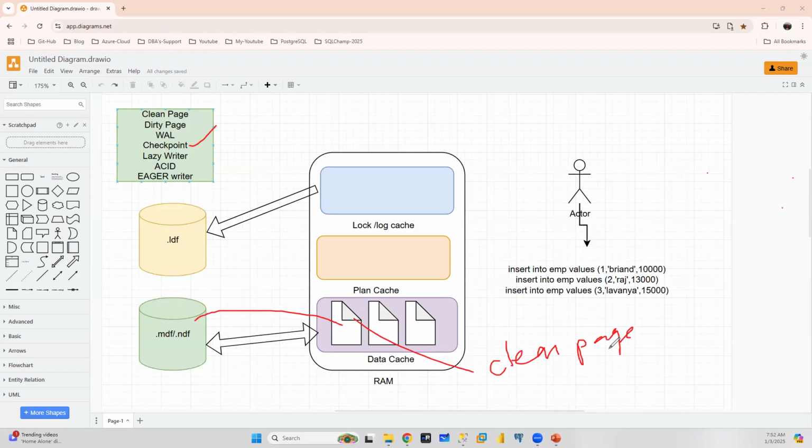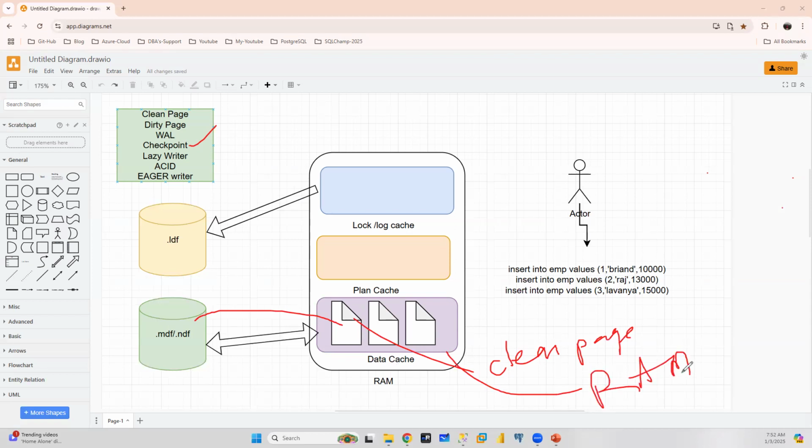Checkpoint is not flushing, meaning checkpoint is not removing the pages in the buffer. If checkpoint is not able to remove them, what will happen in the data cache? It keeps on loading the pages. At a certain time, your RAM gets full, right?